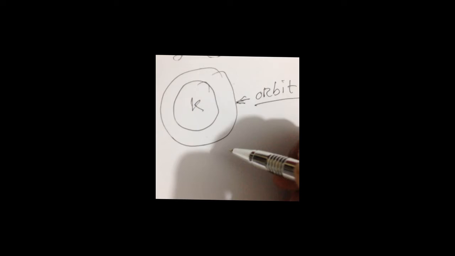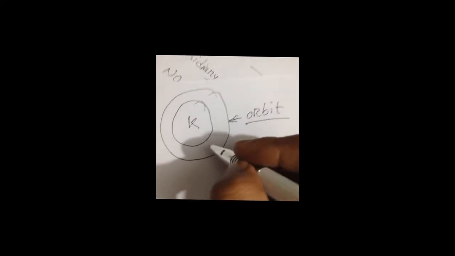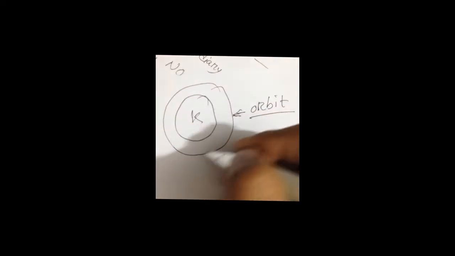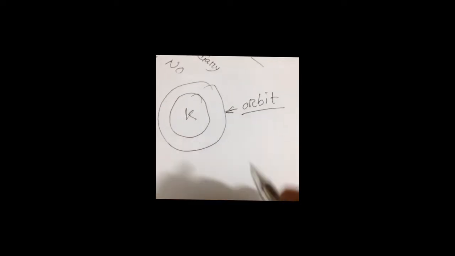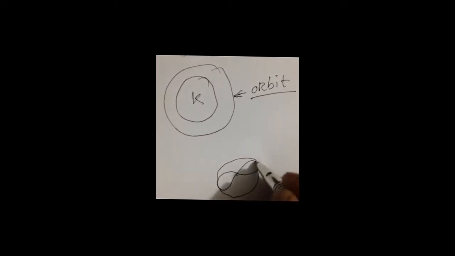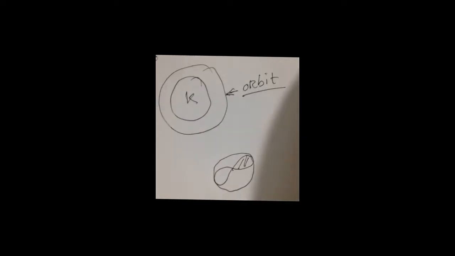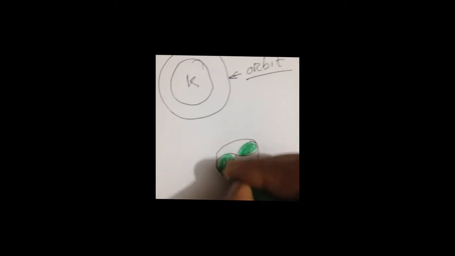Now the electron cannot reside in all positions of this orbit. There is a probability of the electron residing at a certain position at a certain time. This probability region of finding the electron around this orbit is known as the orbital. If the electron is available within this region, then we say this part of an orbit is an orbital.